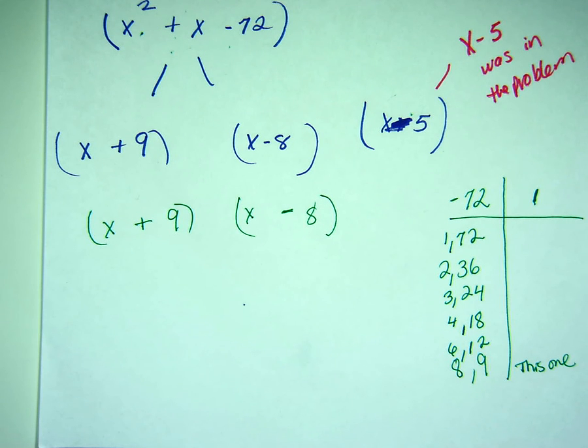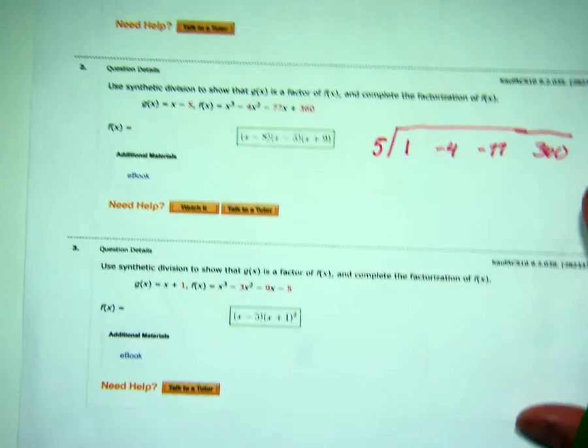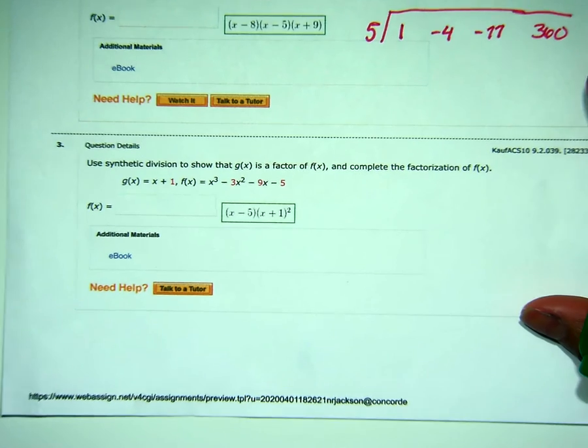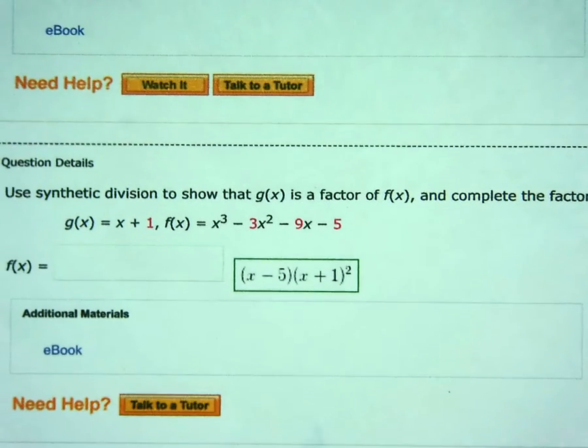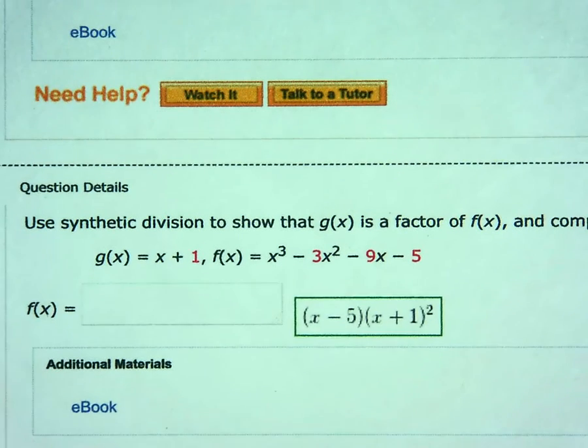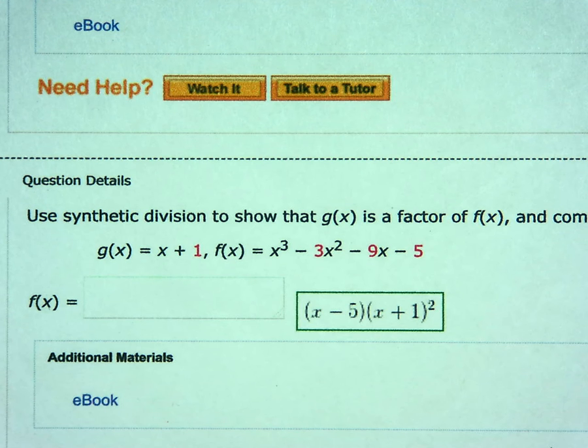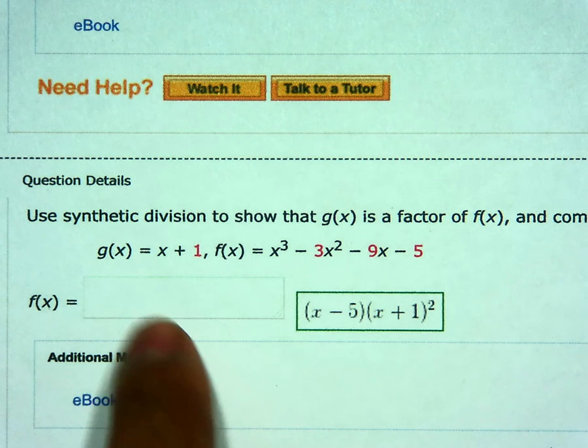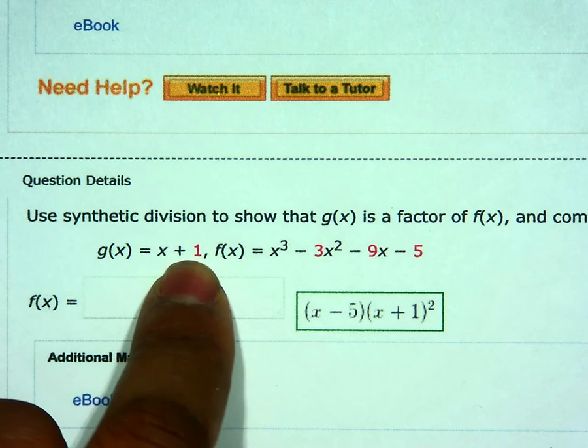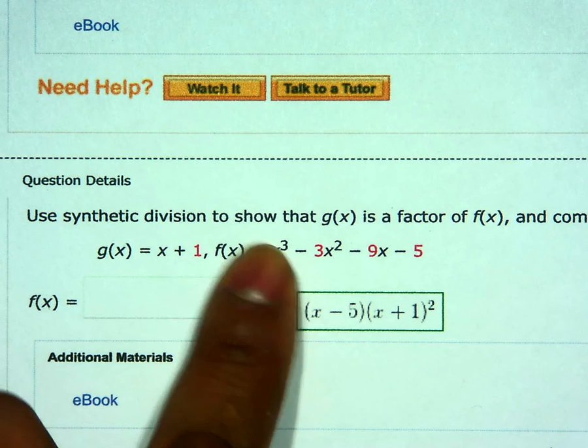But wait, there's more. So once again, we have more synthetic division. Notice how they saved the hardest one for last. So here we go. We have everything else given to you. So notice right here, we're going to divide everything by 1 into those coefficients.